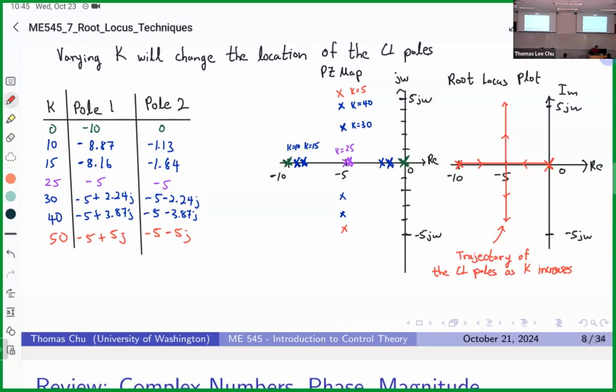One thing that is very nice about this visual is that we can tell that this system will always be stable because the closed loop poles always stay in the left half plane. No matter how high I increase the gain of the system, the poles will always stay in the left half plane.